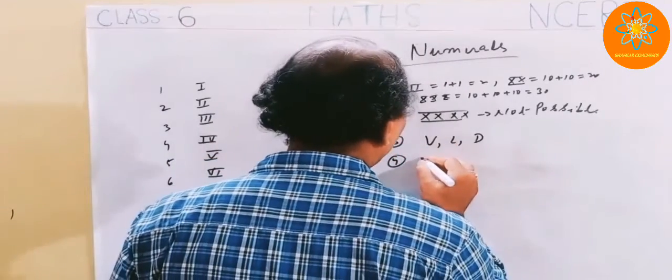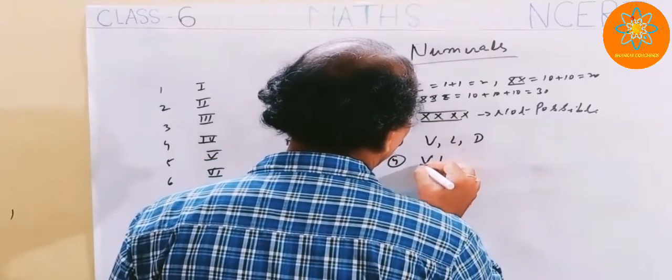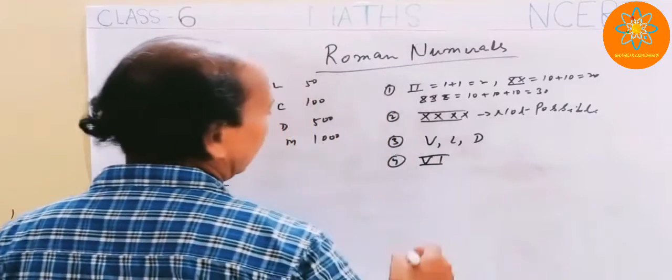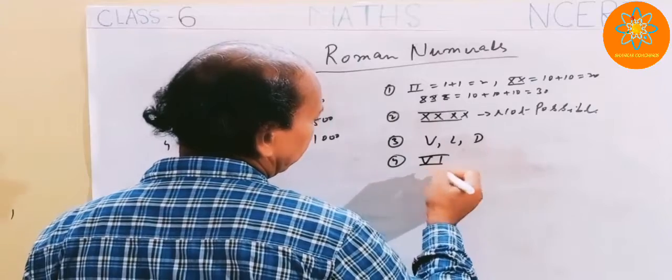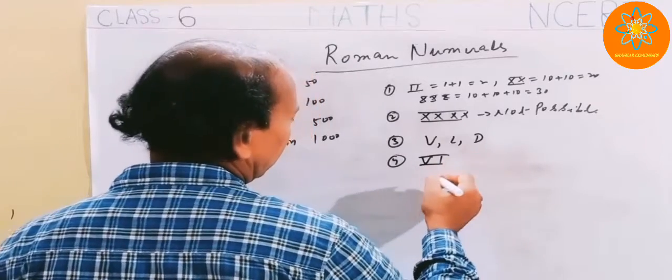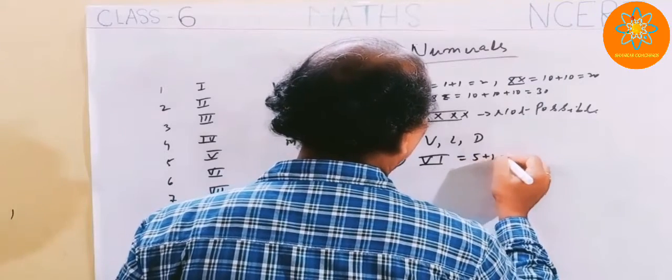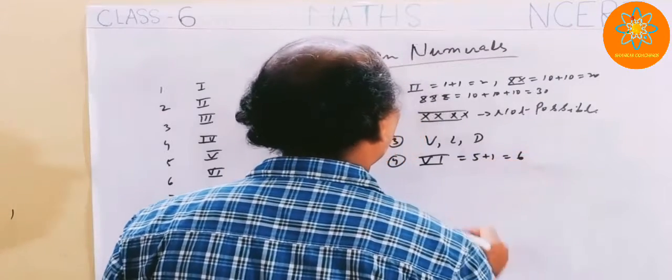For example, VI is 6. The smaller symbol is at the right place, so this is equal to 5 plus 1, that is 6.